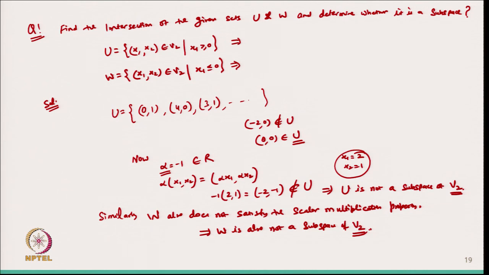So, in this case neither U is a subspace nor W is a subspace, so we cannot discuss their intersection even. This is the example we have done.